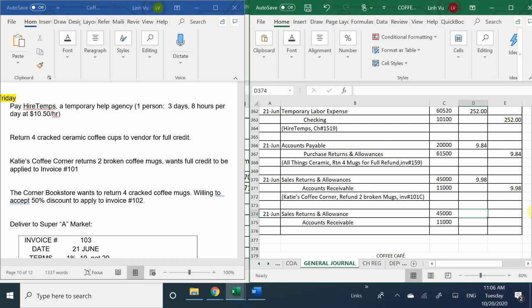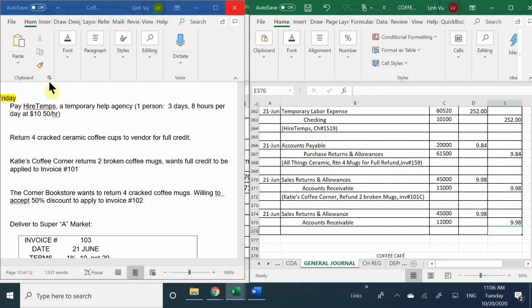It came out to $9.98, the same exact price. So I'll do the calculation here. It is 4 times $4.99 times 0.5, which is 50%, to give me a total of $9.98.